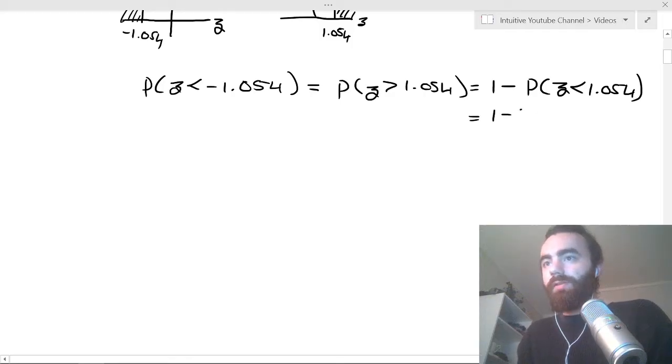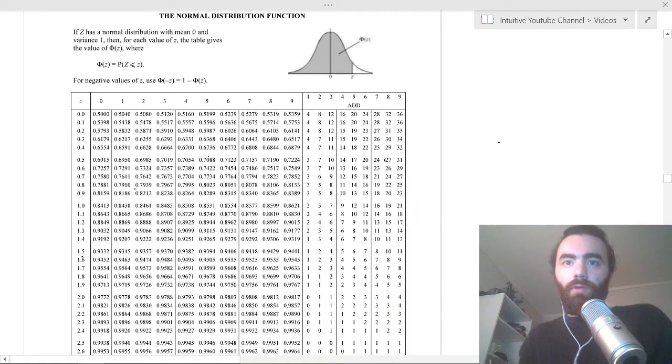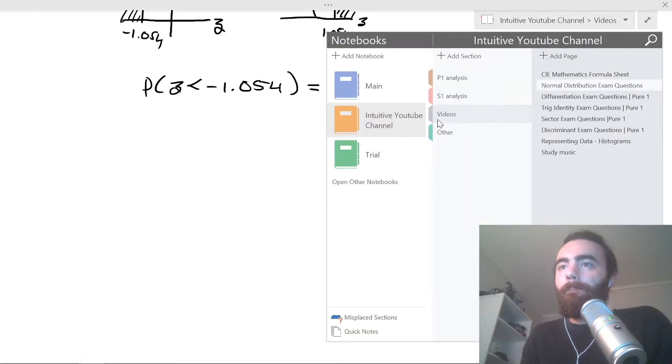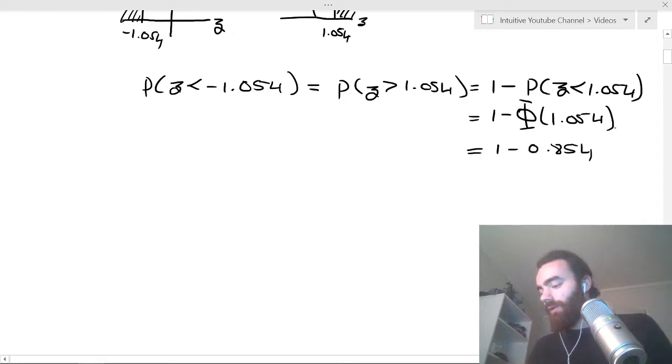So this is 1 minus, this is the symbol for it, 1.054. So then we go to our table and we look for 1.05 and then 4, we add a 9, so it's going to be 0.854. So this is 1 minus 0.854. This gives us 0.146.